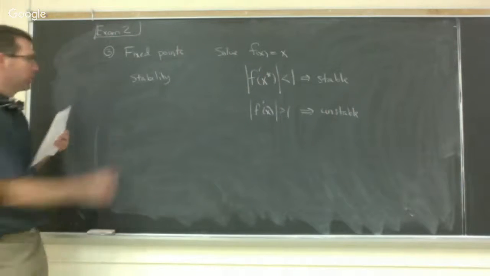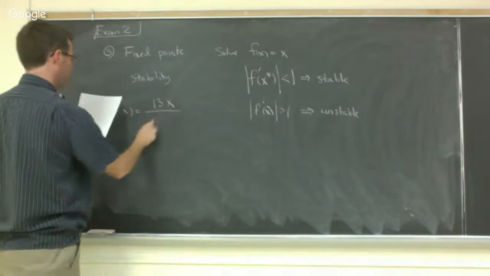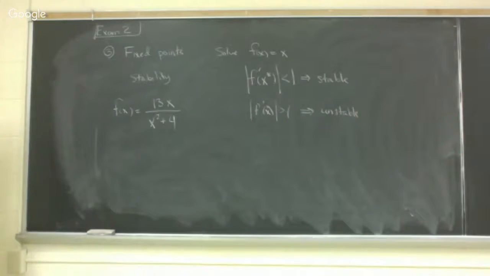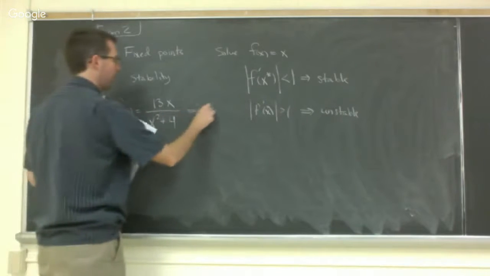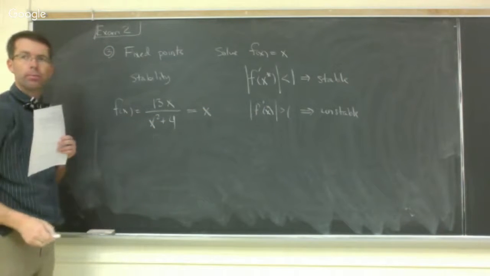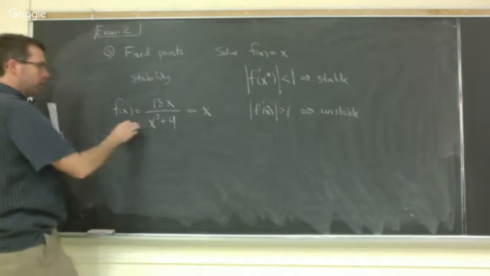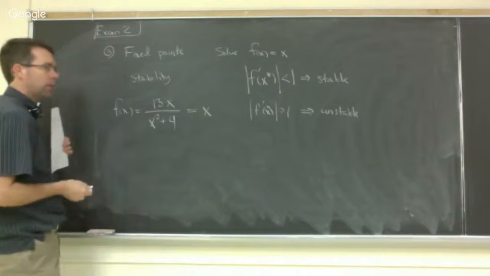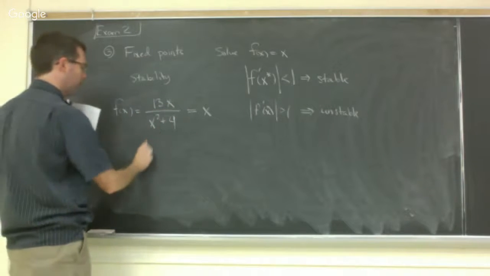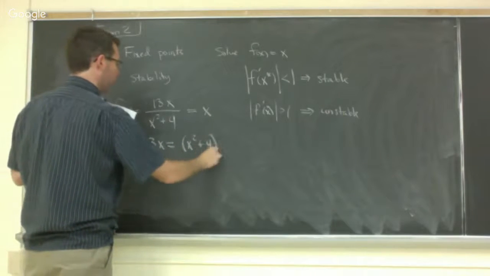Okay. So for this problem, f of x equals 13x over x squared plus 4. If we're looking for fixed points, we say when is that equal to x? In other words, when's the output equal to the input? That's what a fixed point represents. So as I'm solving this, I need to cross multiply. So 13x is x squared plus 4 times x.